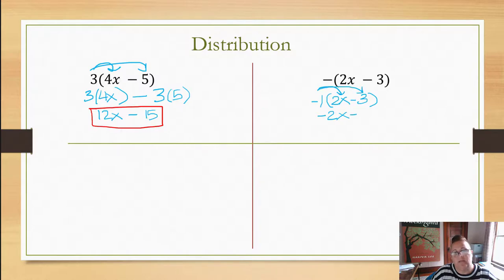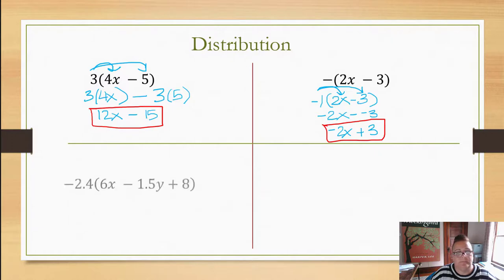So I've got a minus 3. And you remember the minus is a plus. So that gives me a negative 2x plus 3. I cannot add them together because one is a constant term and one is a variable term. They are not alike. So minus 2x plus 3 is my final answer here.